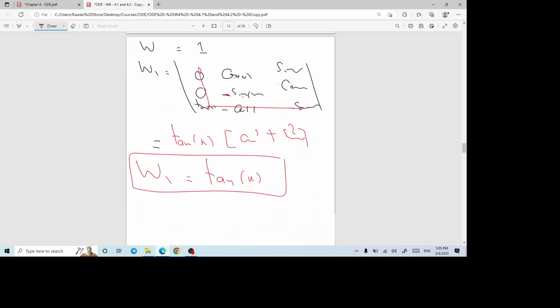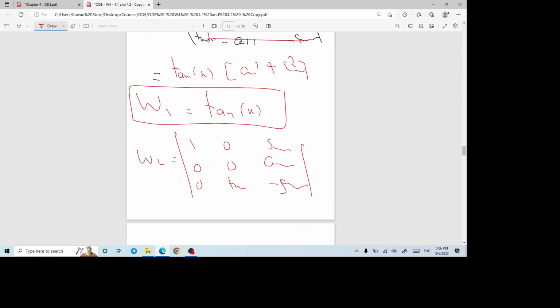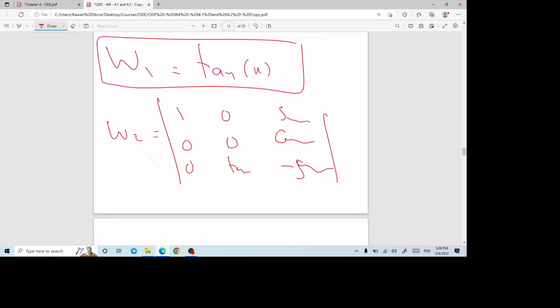How about W2? 1, 0, 0, 0, 0, tan, sine, cosine, minus sine. Sorry for not writing a lot. Yalla, how do we solve that one?